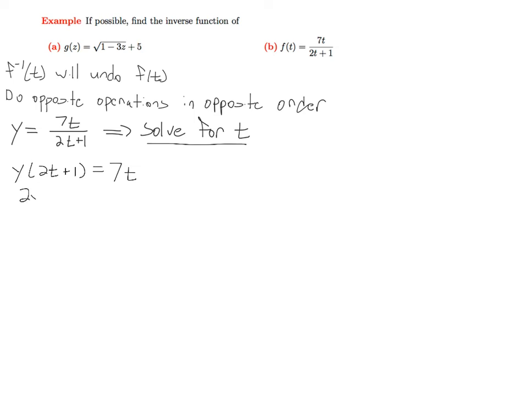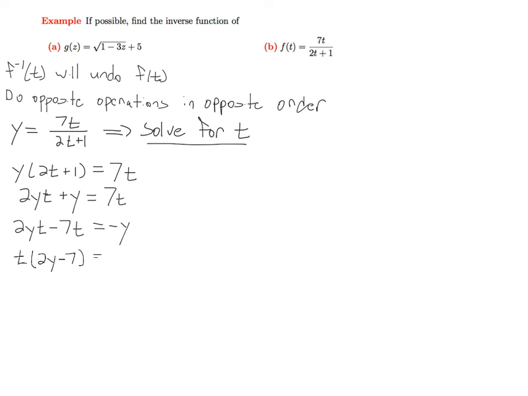So first I'm going to distribute the y, and then I group all of the terms that have t on the same side. So I'm going to subtract 7t from both sides, and all of the terms that don't have t I move to the other side of the equation. So I bring the minus y to the other side, and this allows me to factor a t from every term on the left side.